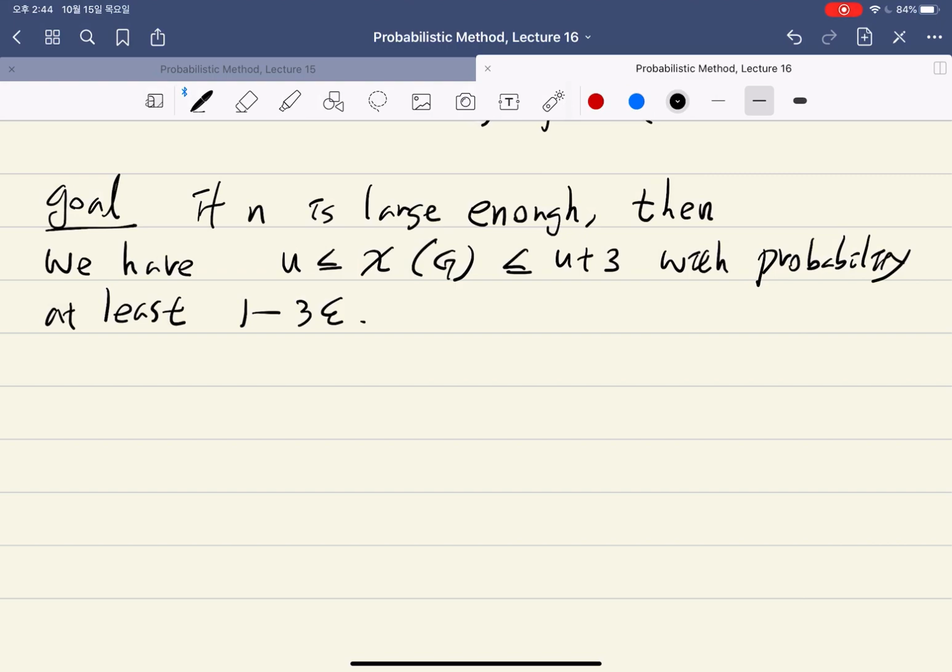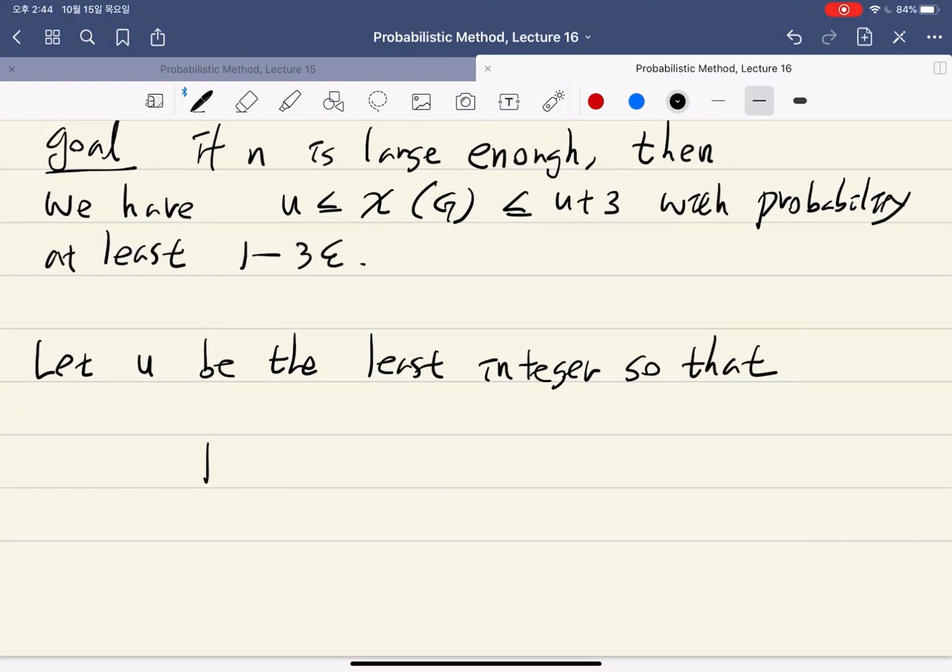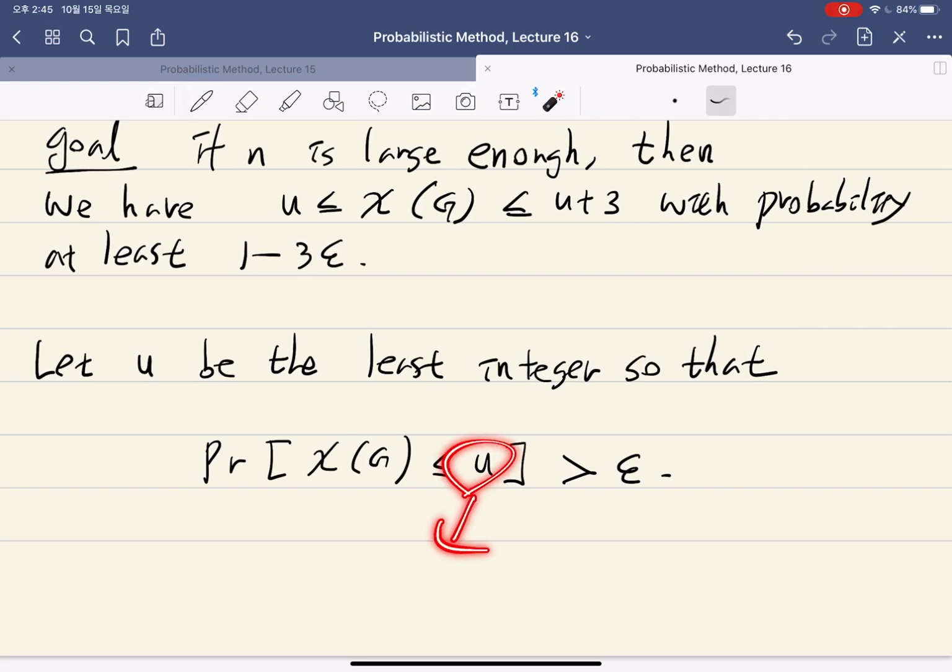So how do we do it? We let u be the least integer so that the probability of the chromatic number being smaller than or equal to this u is bigger than epsilon. So as you lower u, this probability keeps decreasing.